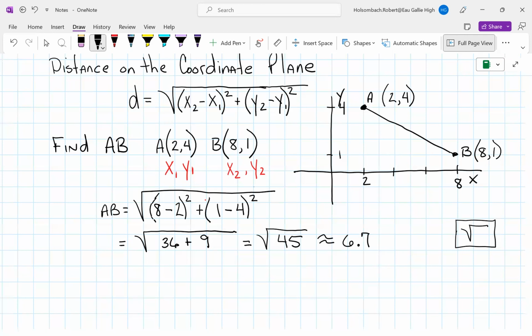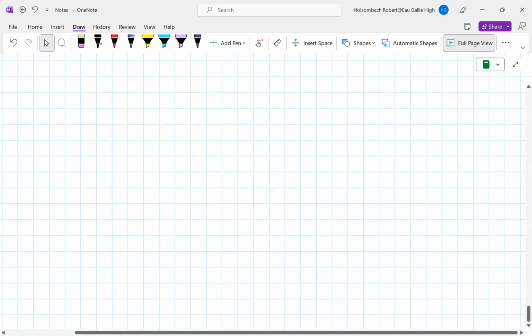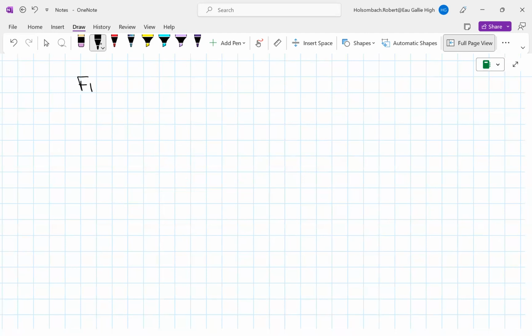All right, so look at example 2 down there on the bottom of page 26. And let's do one more of these. We're going to find the distance from C to D. They're telling you that C is located at (-4, -6), and D is located at (5, -1).